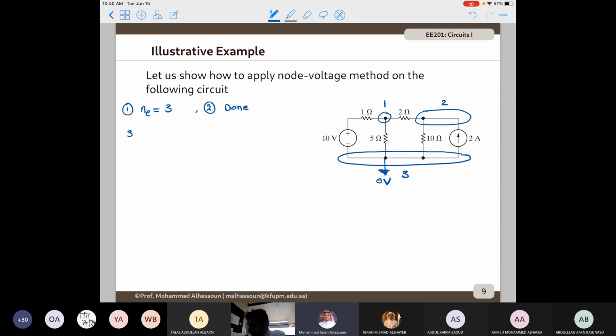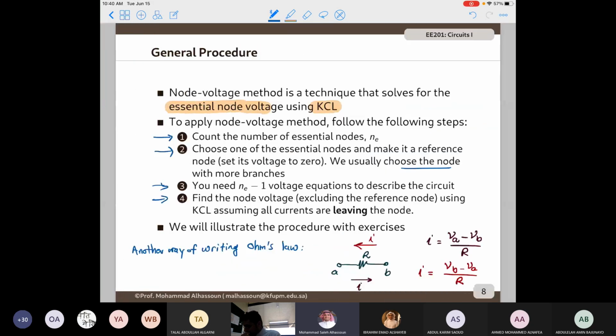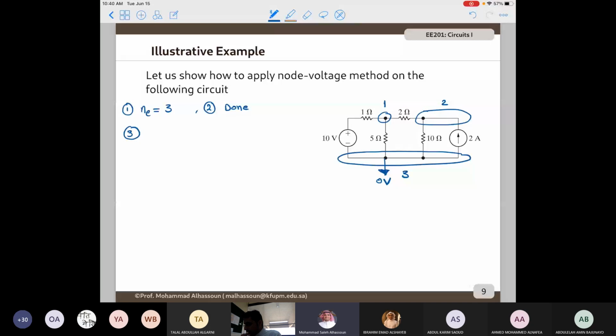Now the third thing here is that I need NE minus 1 voltage equations to describe the circuit. Here NE is 3, so the number of equations is 3 minus 1, which is 2.